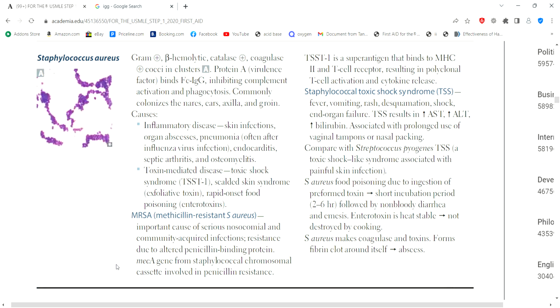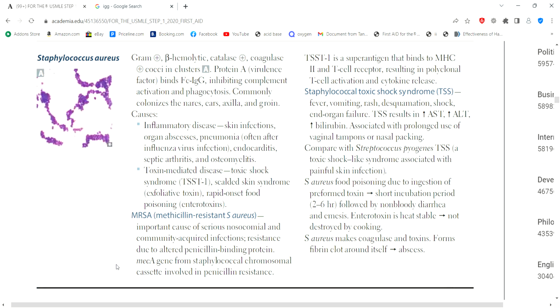Resistance is due to altered penicillin binding protein, the mecA gene from the staphylococcal chromosomal cassette, involved in penicillin resistance. You treat MRSA with vancomycin.